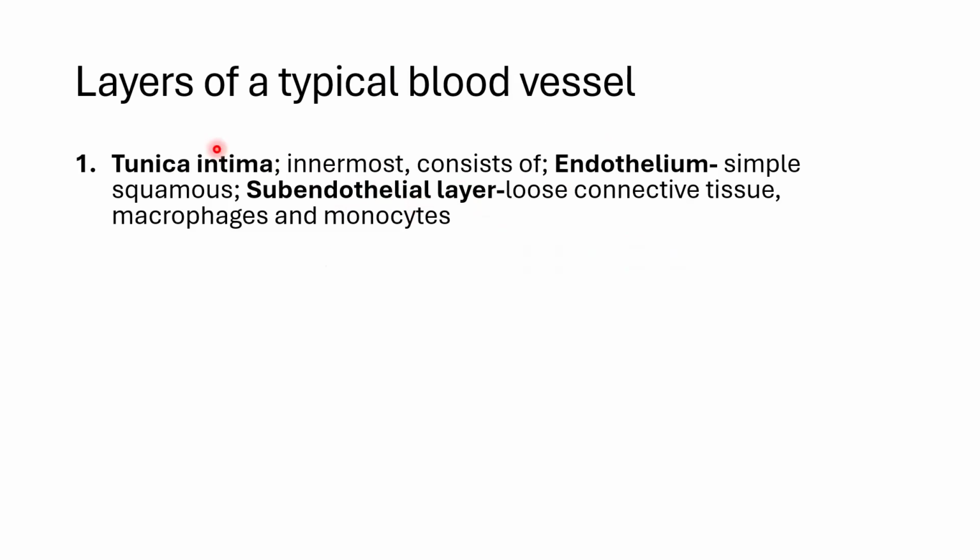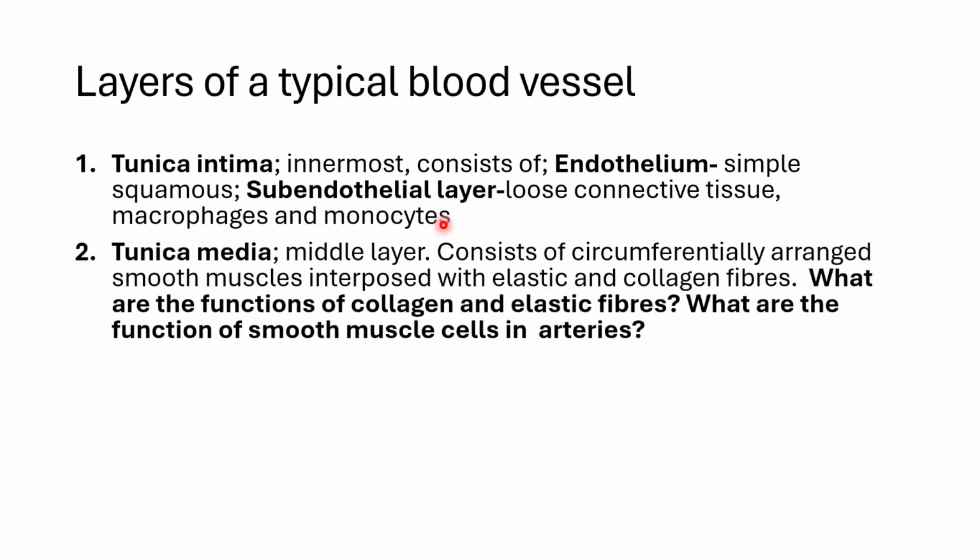Remember, tunica means a layer, and intima means the innermost layer. Endothelium is simple squamous, and the subendothelial layer will contain the macrophages and monocytes. The middle layer is the tunica media.